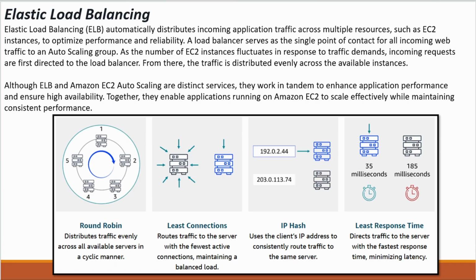Least connections routes the traffic to the servers with the fewest active connections, maintaining a balanced load. IP hash uses a client's IP address to consistently route traffic to the same server, and least response time directs traffic to the server with the fastest response time, minimizing latency.